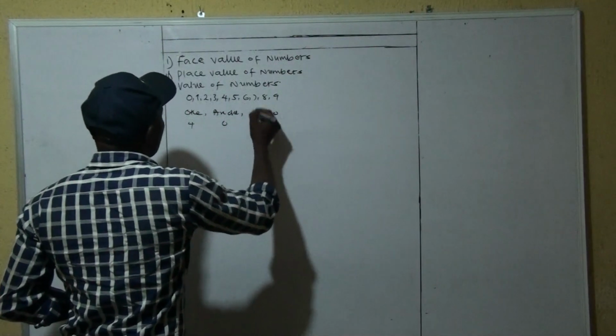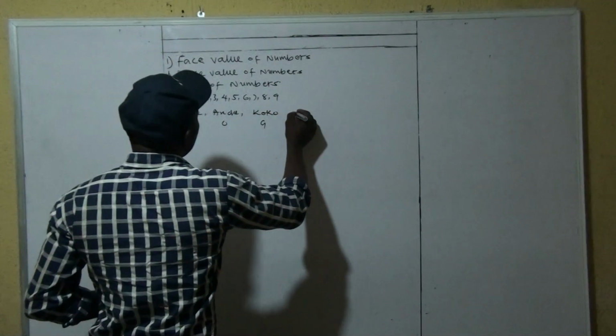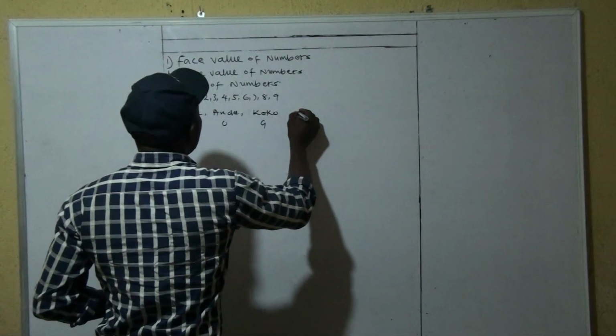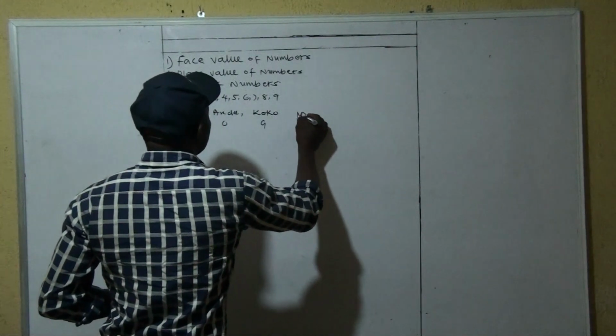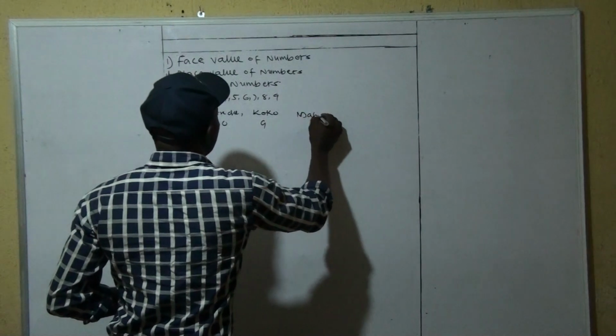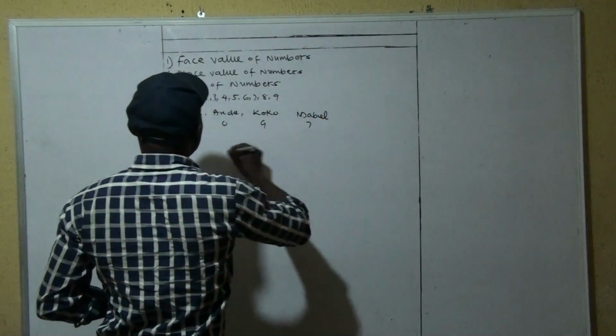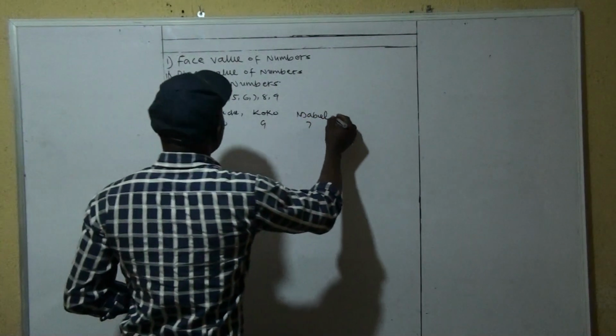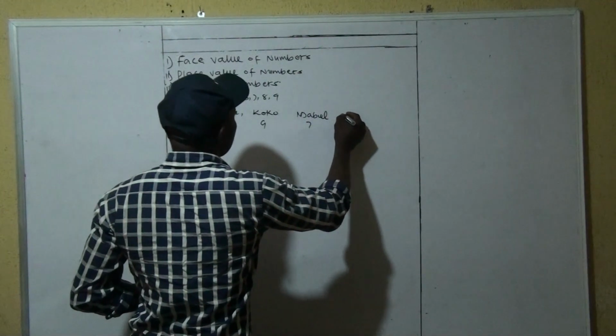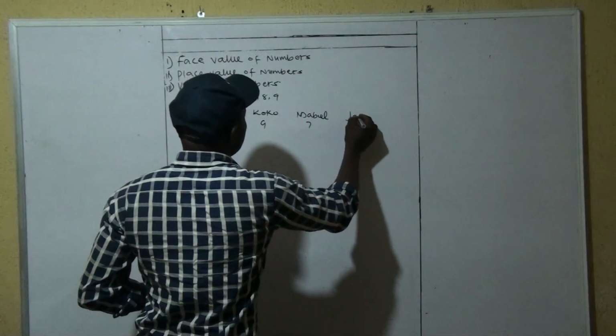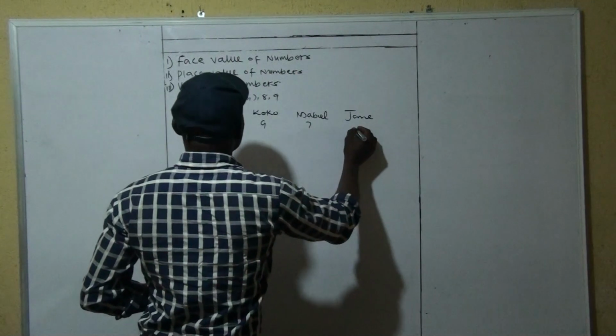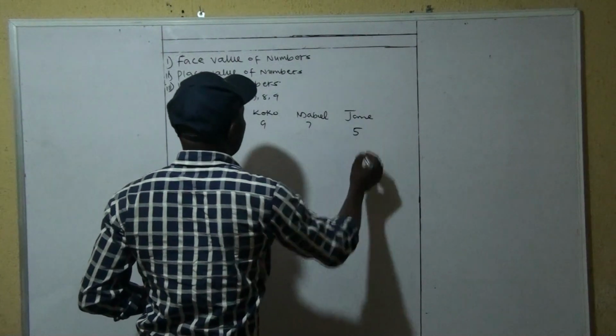I will assign 9 to Coco. I have Mabel. I will assign 7 to Mabel. Then we have Jane. I will assign 5 to Jane.